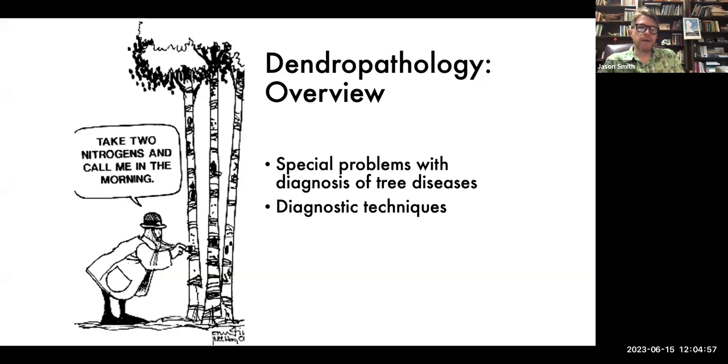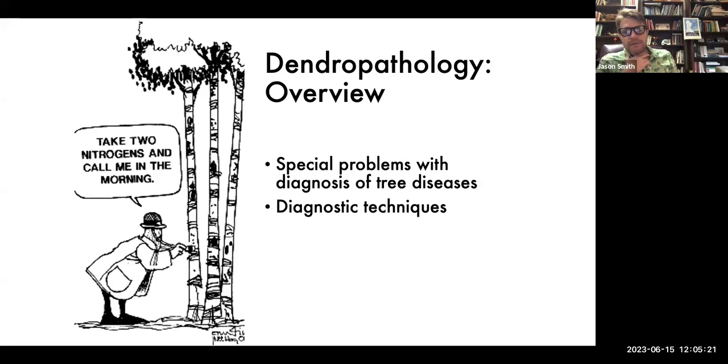One of the issues that we deal with is that, first of all, trees are different from a lot of other plants in the landscape. They're long-lived, they're large, and a lot of the living biomass is underground. Of course, they produce wood, which is part of the stem tissue and is unique.